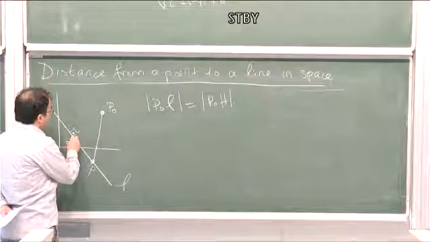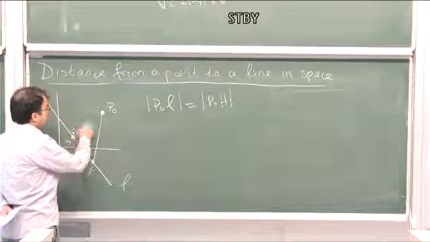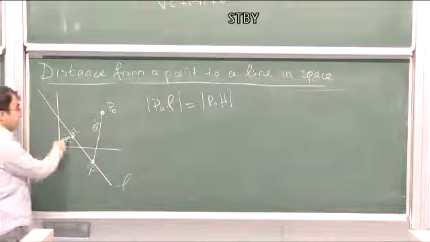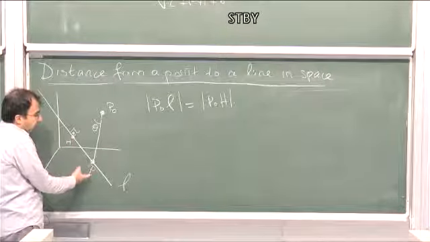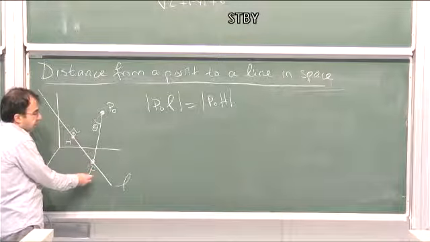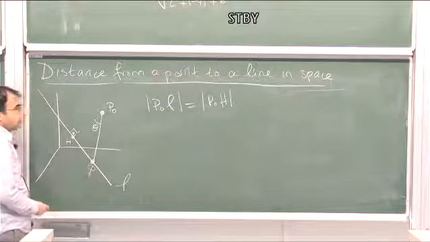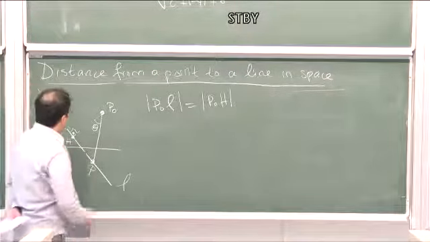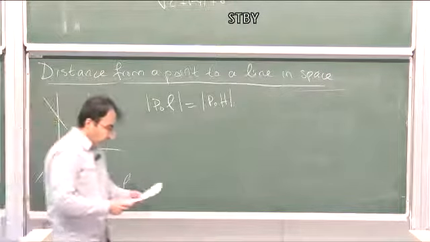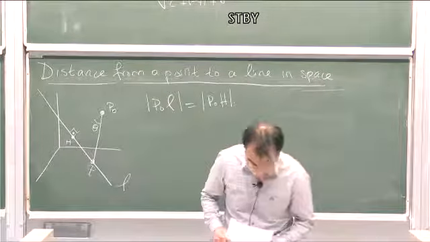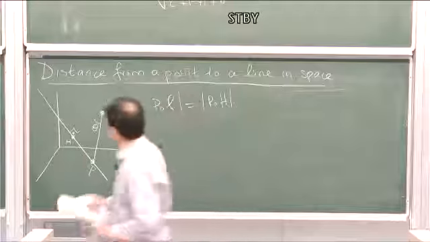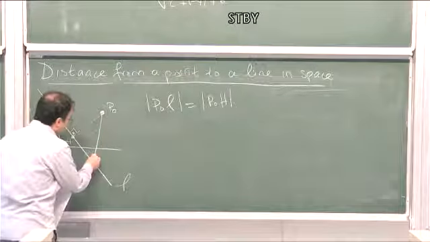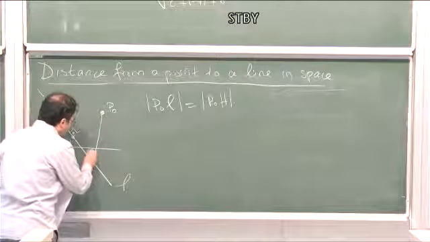I don't know H, but I can take some point P on this line L, which is easy to find. Now, in this picture, what will be this P0H? I'm sorry, this time we should not take this one as theta. It will be more convenient to take this angle, so let's call this angle theta.